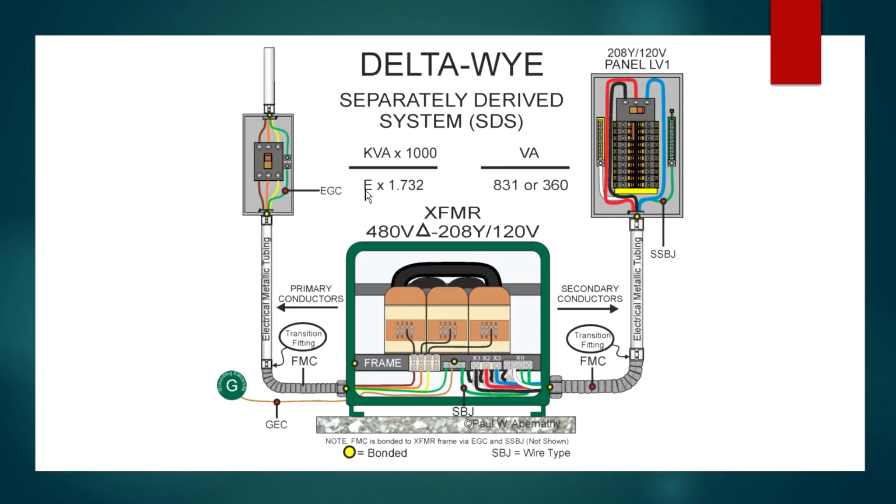And since E is dealing with the voltage, it is 480 volts as we see here. And this is going to be typically on the nameplate of the transformer, or you're going to know that when you purchase the transformer, you know what you're looking for. Because you need to know what your output's going to be. So in this case right here, it would be 480 volts times 1.732.